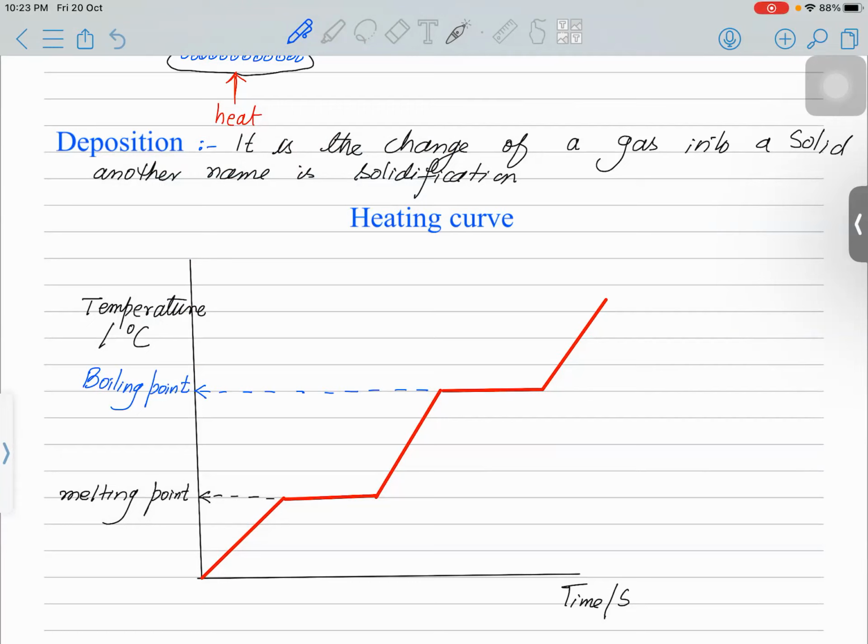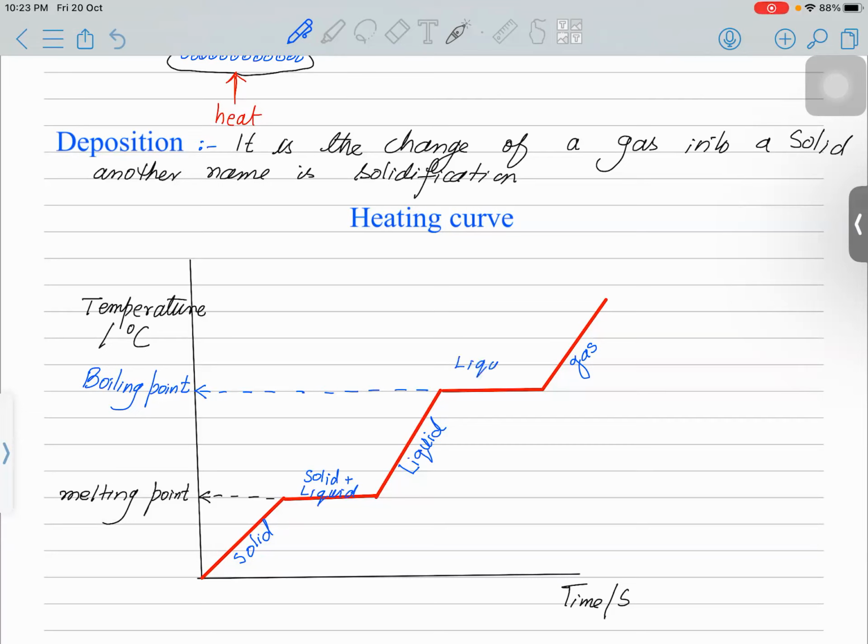Here we have solid. This is solid. This is liquid. This is gas. Here we have solid plus liquid. What will be here?